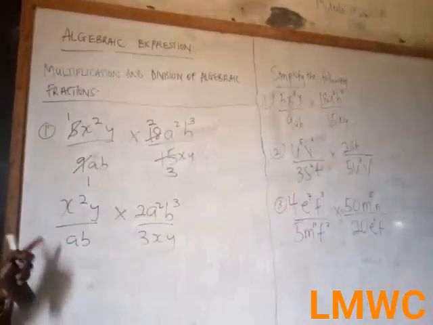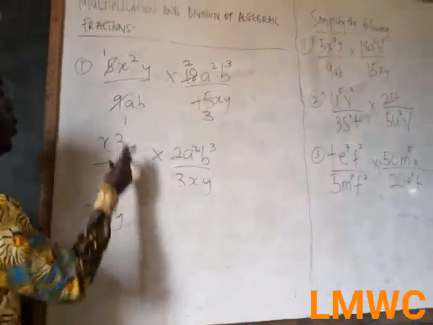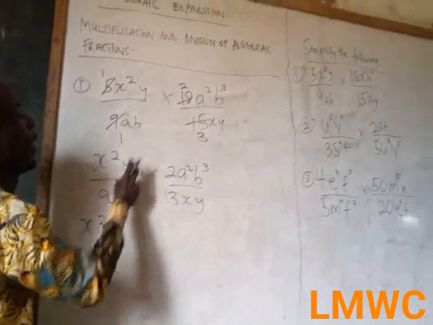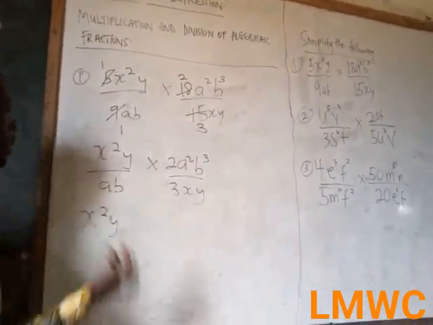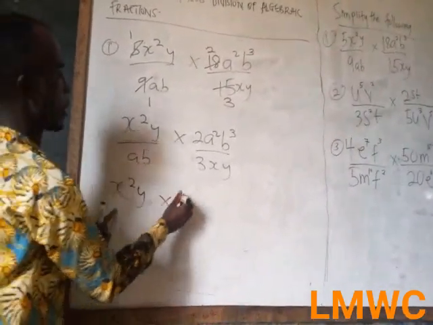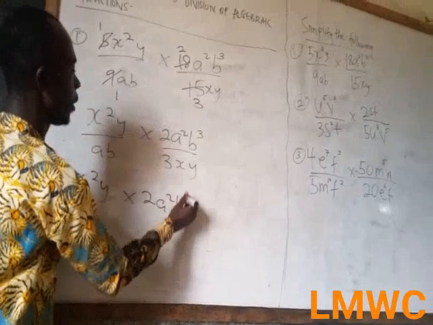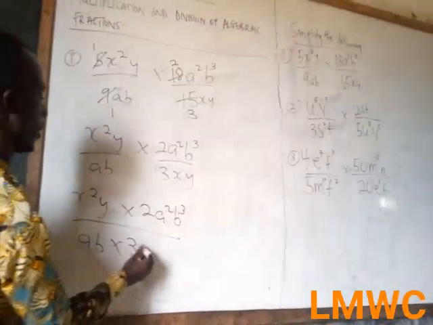Once you have something like this, you multiply the numerator by numerator and the denominator by denominator. After that, you simplify it. So it becomes x squared y times 2a squared b cubed over ab times 3xy.